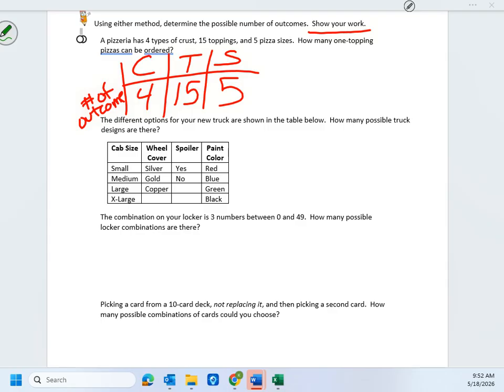Haley, 300. How did you get 300, Haley? That seems like a lot of outcomes. How did you get that? Multiplied them all together. What really spikes it up is that 15 different toppings to choose from. 4 times 15 times 5 gives us 300 different pizza outcomes.